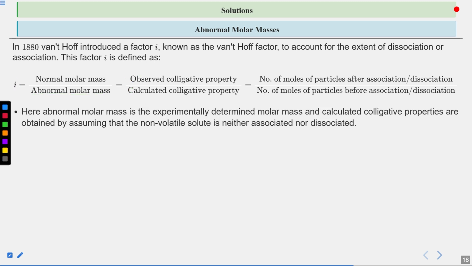As I said, the abnormal molar mass is the experimentally determined value, and the calculated colligative property is the one which is obtained by assuming that the non-volatile solute is neither associated nor dissociated.